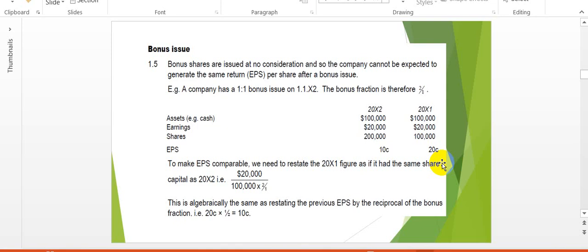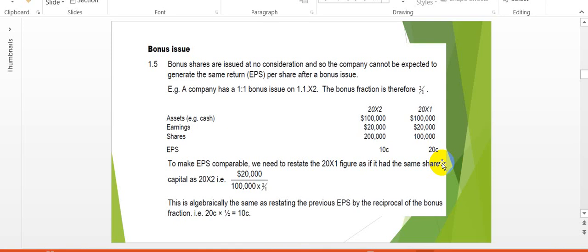Now EPS is used as a performance measure to assess how a company has performed from one year to another. But as you should be aware, when comparing performance, you need like with like. The fact that there are more shares in 20x2 means we're not comparing like with like.